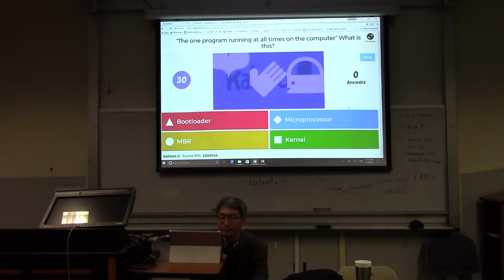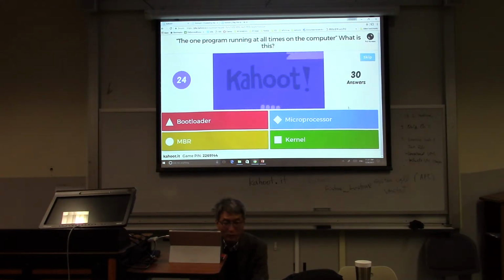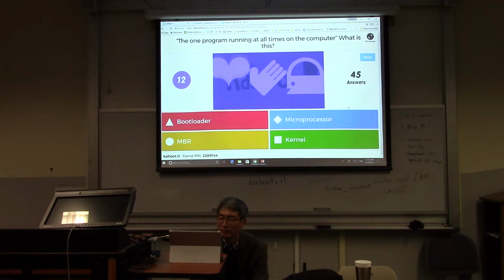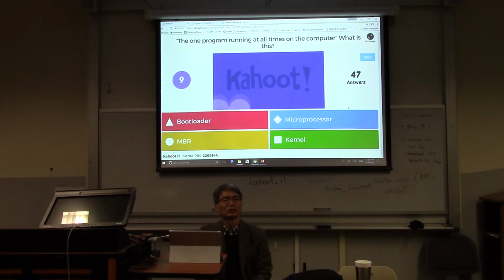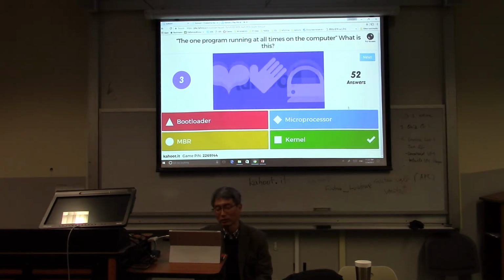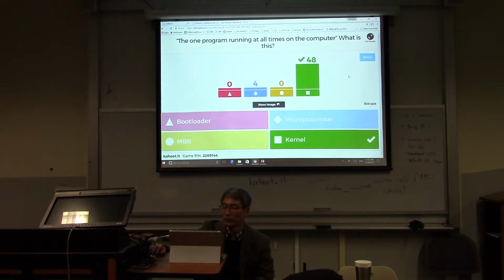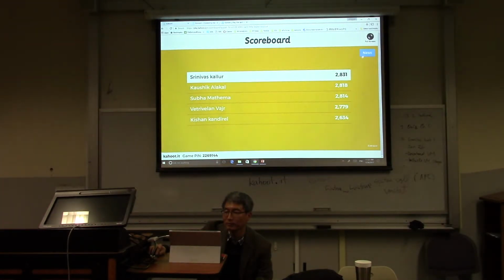What is the program running all the time on the computer? It's a program. Any color blind? No, not. I'm serious. In case of color blindness, I need to find different ways. Okay, or you can use the shape. Okay, it's the kernel. The kernel is the one program running from the beginning to the end of the operating system.